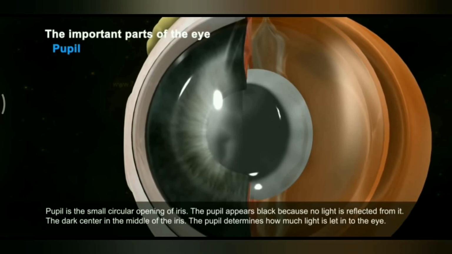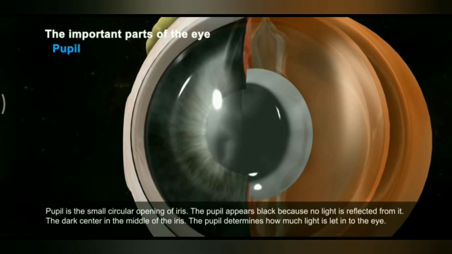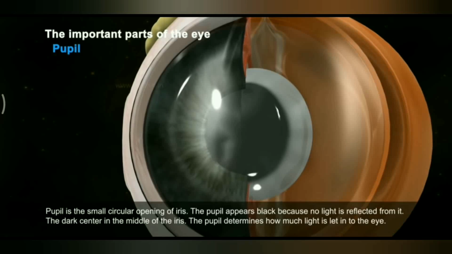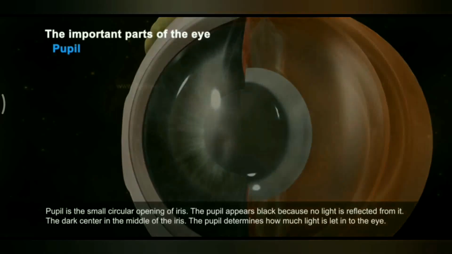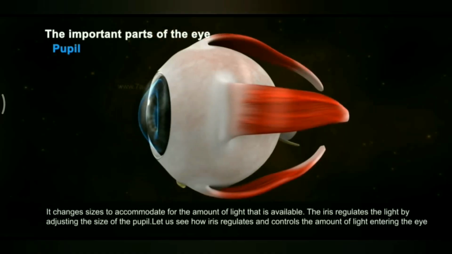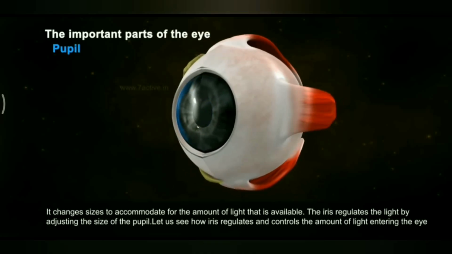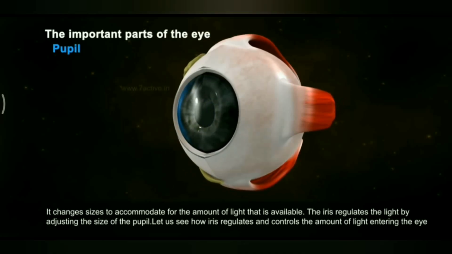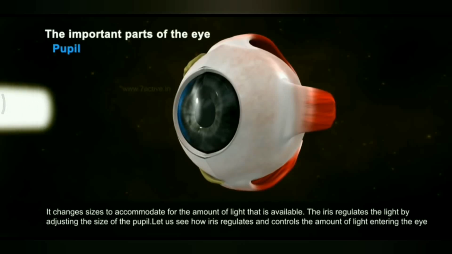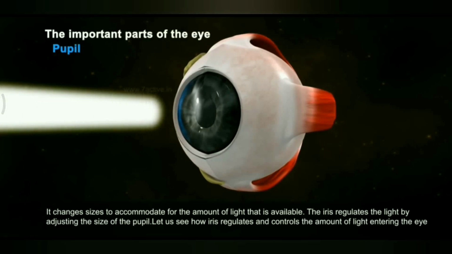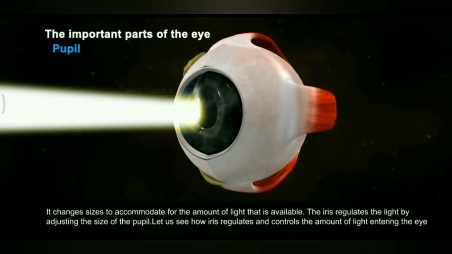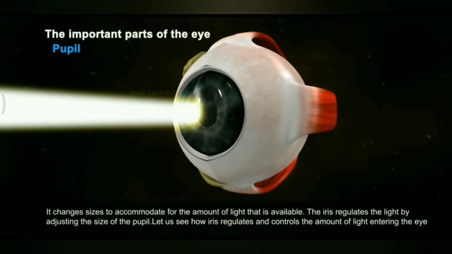Pupil is thus a small circular opening of iris. It appears black because no light is reflected from it. It changes sizes to accommodate for the amount of light that is available. The iris regulates the light by adjusting the size of the pupil. It actually regulates and controls the amount of light entering the eye.